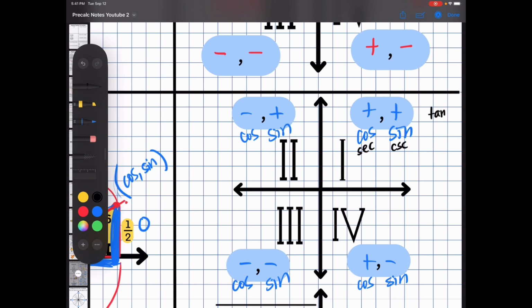And if I wanted to find tangent, remember tangent is sine over cosine, positive divided by positive. Tangent would also be a positive value, and that would mean that tangent is positive and cotangent is positive. And that is why all 6 trig functions are positive when I am in the first quadrant.